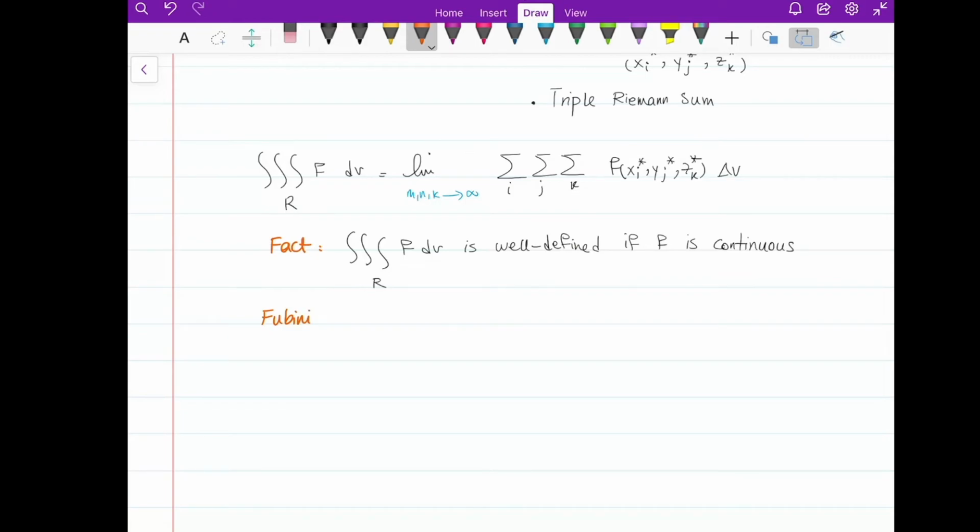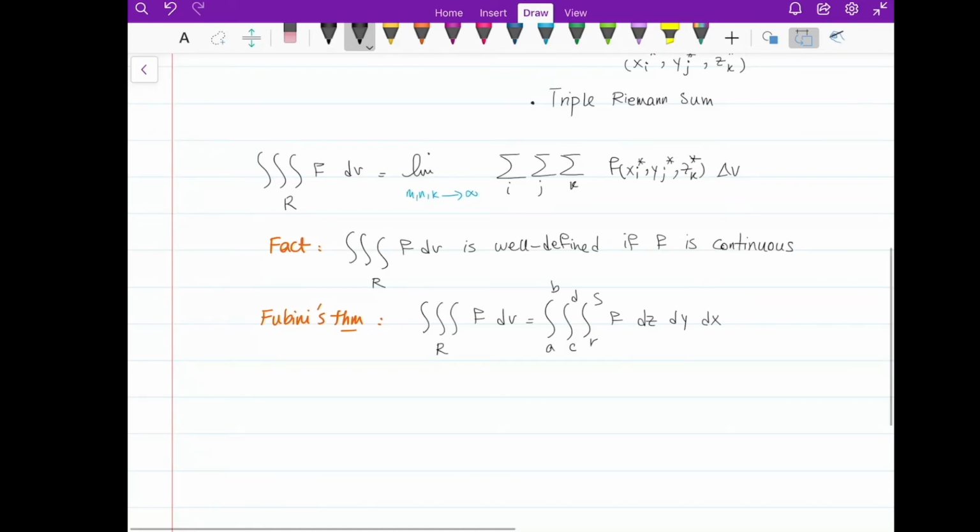It says that the triple integral of f dV over a rectangular box, I can do with respect to z first, so z is from r to s, and then dy between c and d, and then dx from a to b, or you can do it with dz dx dy, or you can do it with dx dy dz.